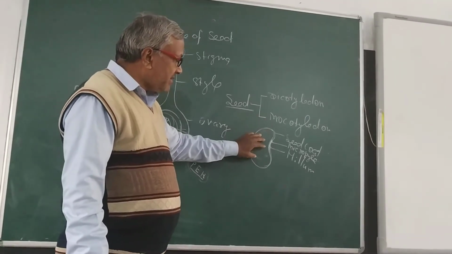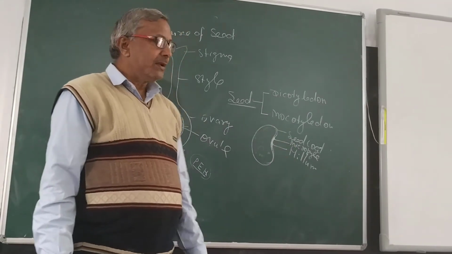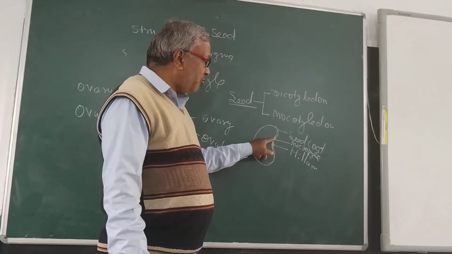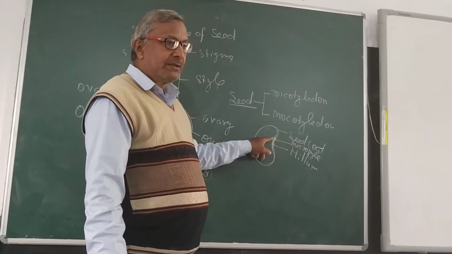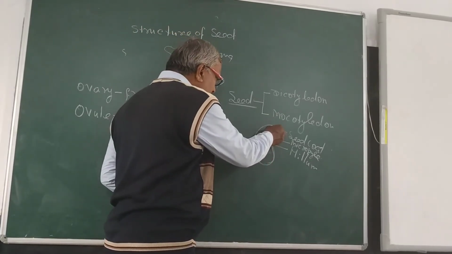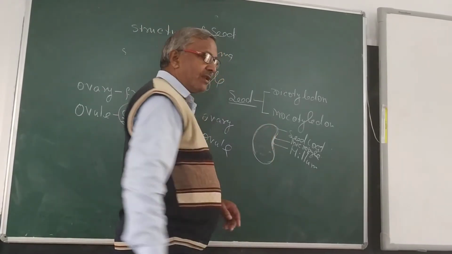But now this seed you put in the water, it absorbs water through this micropyle. Micropyle is the small opening through which it will get water. Water will go inside. Then the outer covering becomes soft.